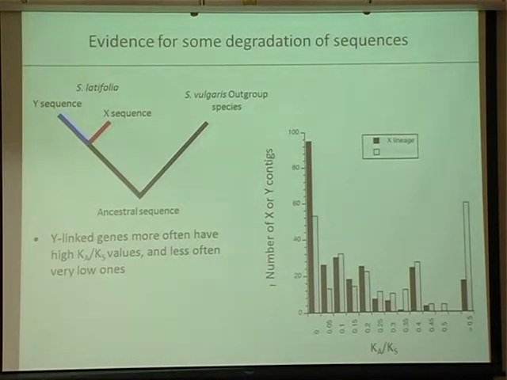And when you look at this quantity that Brian was mentioning, divergence for non-synonymous sites divided, just to take care of mutation rate differences, by synonymous site divergence, we see a lot of high values over on the right-hand side of this graph for the Y lineage, compared with the X lineage.